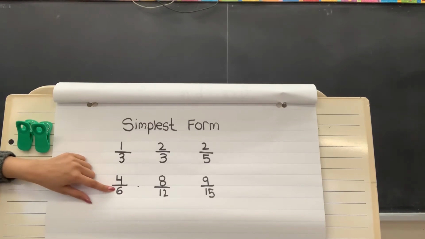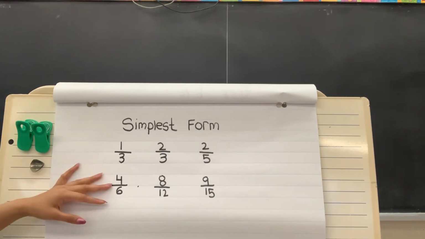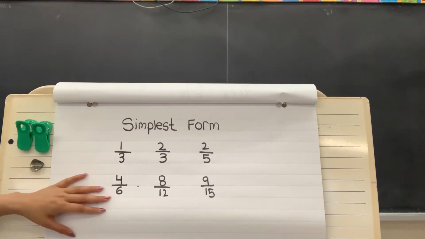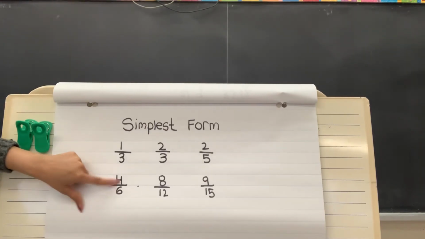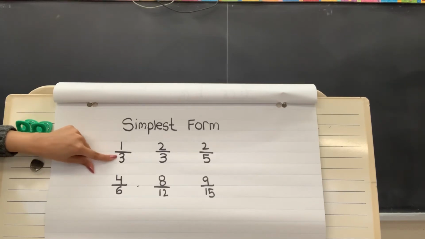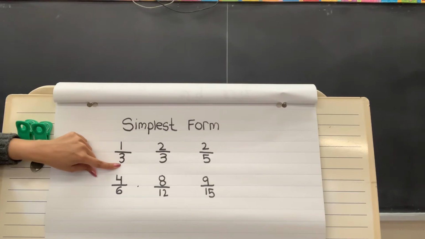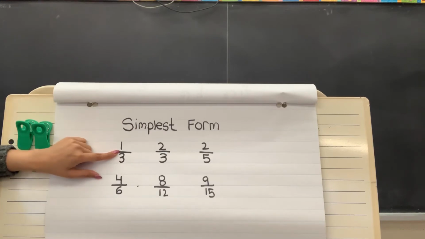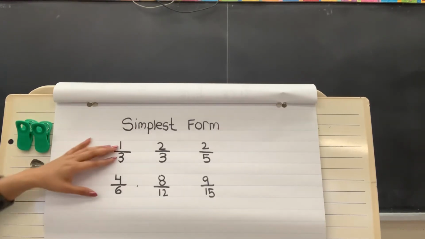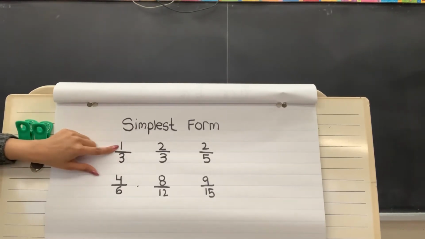Okay? Then for fractions where both are not even, right now these are even, anytime the denominator can be evenly divided by the numerator, we do not have the simplest form of the fraction. Right now, this is in its simplest form.